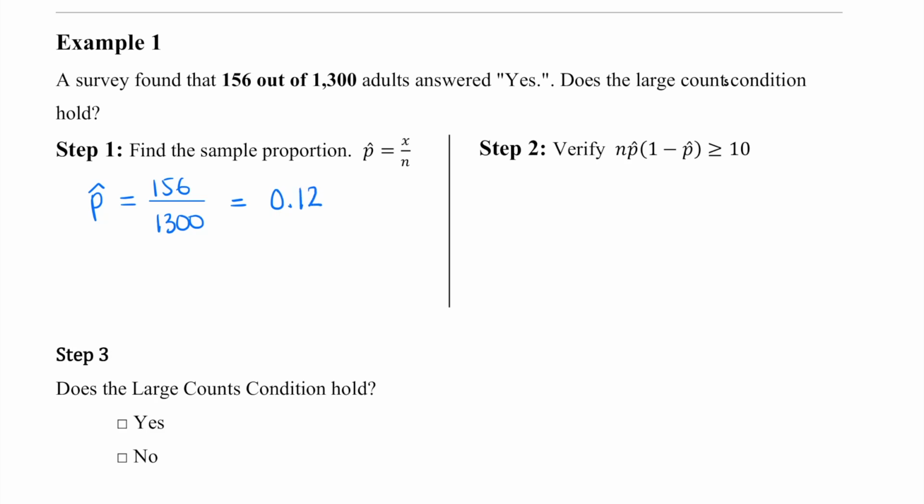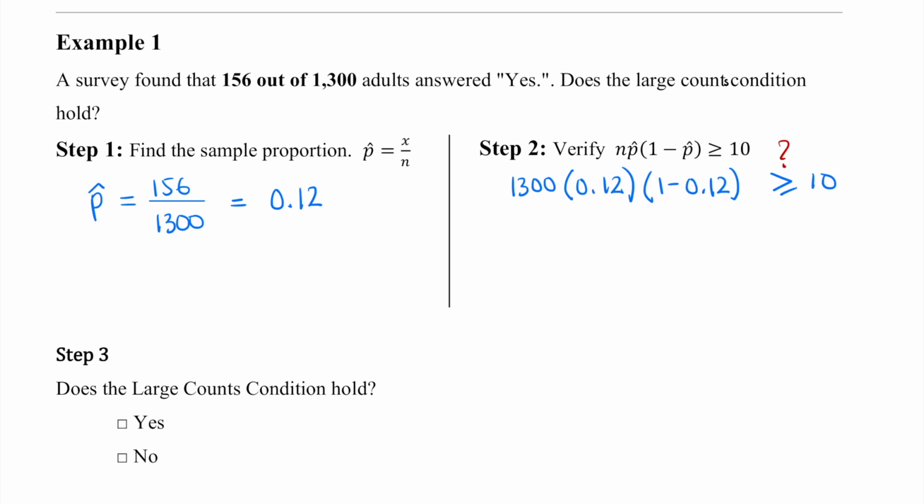Next, substitute p hat into this formula. I have n equals 1,300 and p hat equals 0.12. So I have 1300 times 0.12 times 1 minus 0.12, and I want to know if this is greater than or equal to 10. 1 minus 0.12 is 0.88.